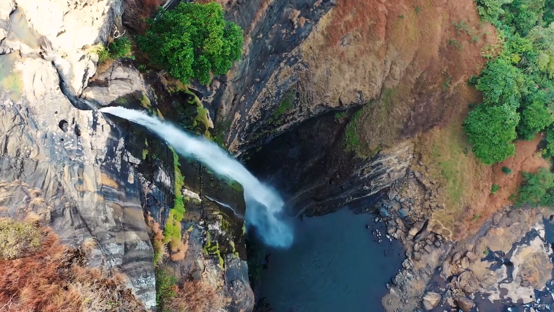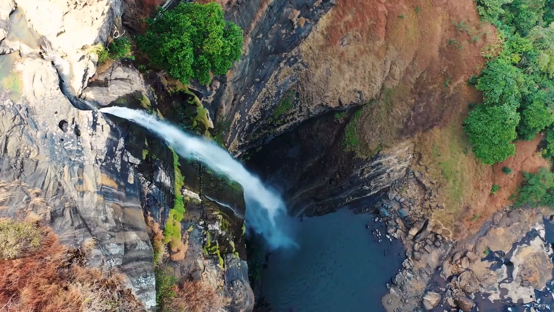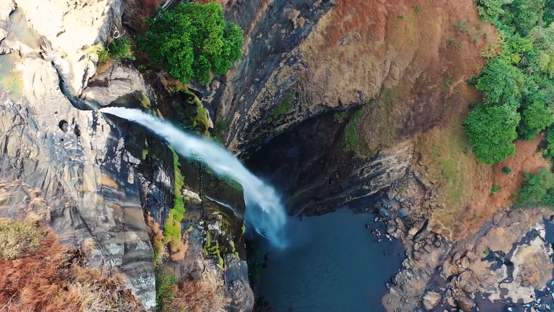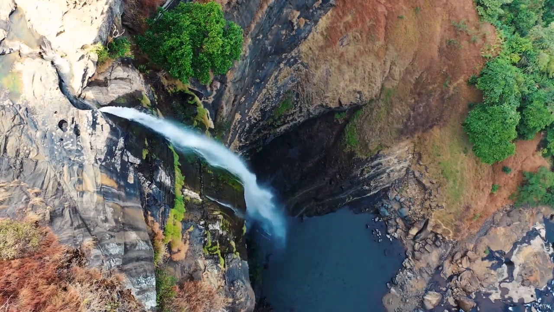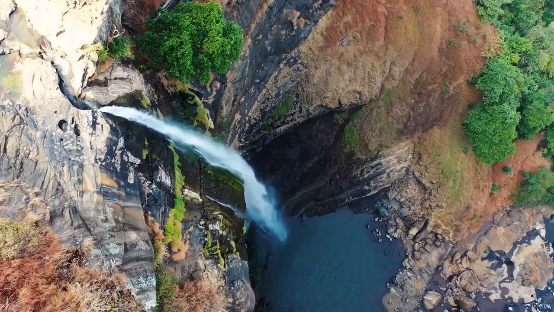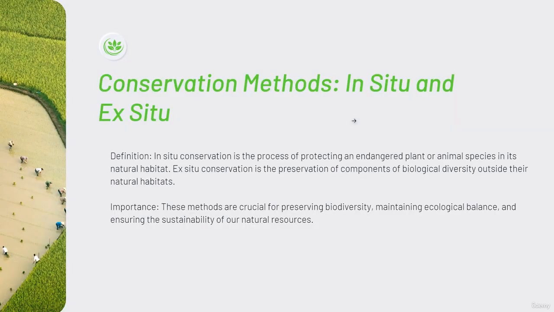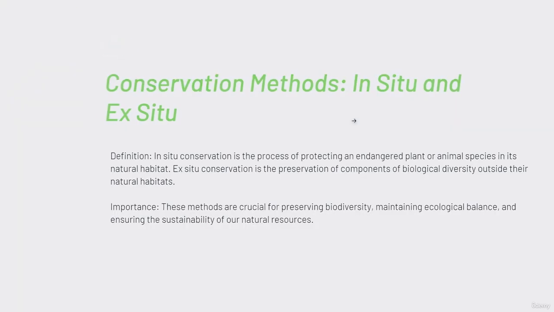These methods are crucial for preserving biodiversity. We have understood in the first lesson that biodiversity is everything that is there in the form of living component. And once the biodiversity is preserved and saved, we can maintain ecological balance and thereby sustain our natural resources.